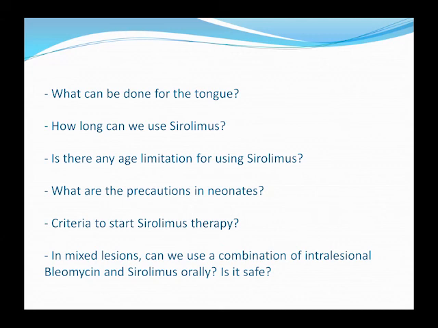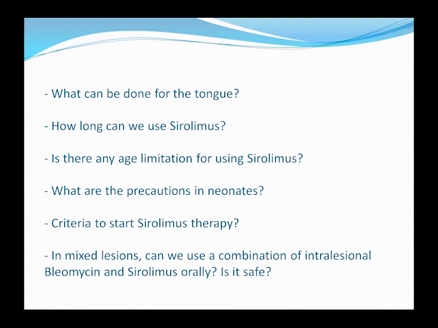We enjoyed that you gave us another proof that sirolimus can work. And as you said, there are a lot of questions that need to be answered. Actually, we don't have the answer for all the questions that you presented now. What I want to say is that in your case, most of the lesion is microcystic.